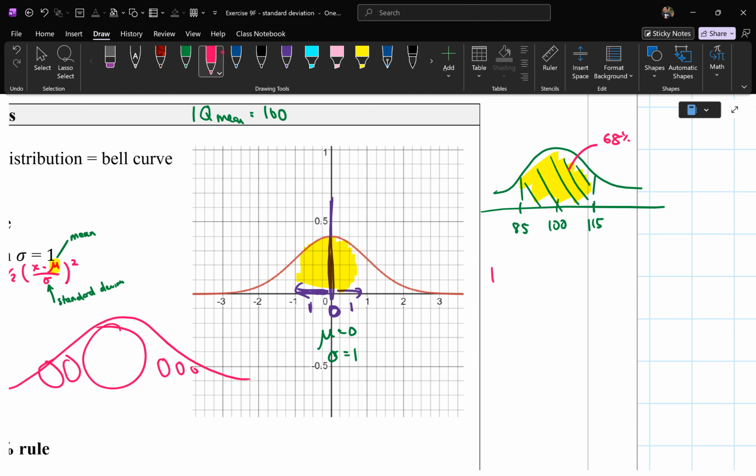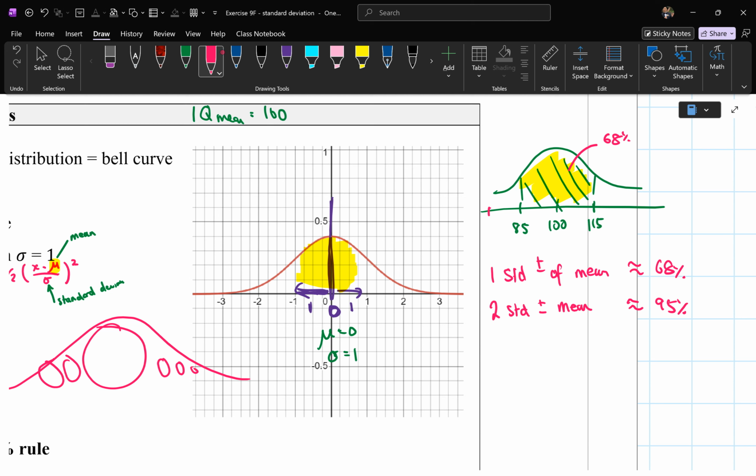So this is what they say. One standard deviation to the left and right of the mean, so plus or minus from the mean, is approximately 68% of the data. If you go to 2 standard deviations left and right of the mean, it's approximately 95%. So that actually covers more people.